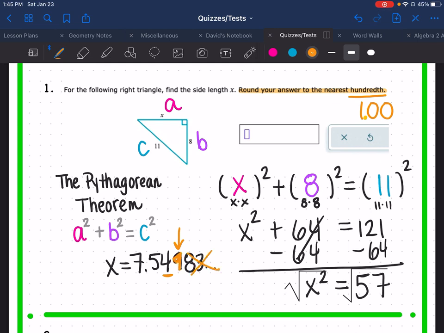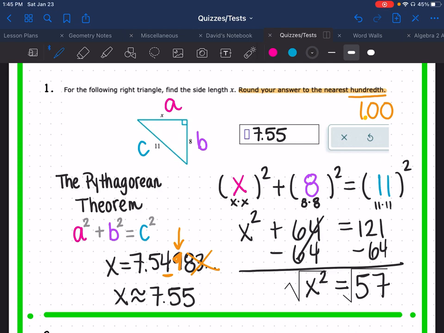All these numbers here, they don't matter. So the rule says 4 or less, let it rest. 5 or more, add 1 more. And we're talking about the 9. So since the 9 is 5 or more, I'm going to add 1 more to my 4 and say 7.55. That's the answer that I would put here in the blank.